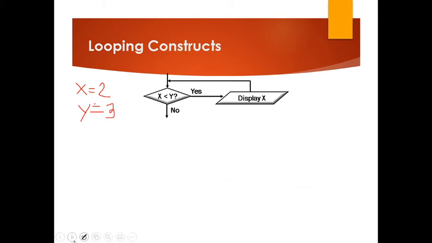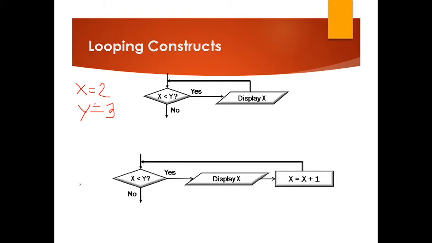Okay, next. We also have something like this. For example, still the same, x is less than y, or 2, is it less than 3? Yes. So it displays 2, and after displaying 2, it increments by 1.